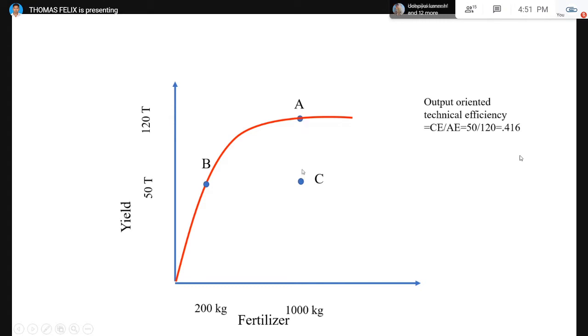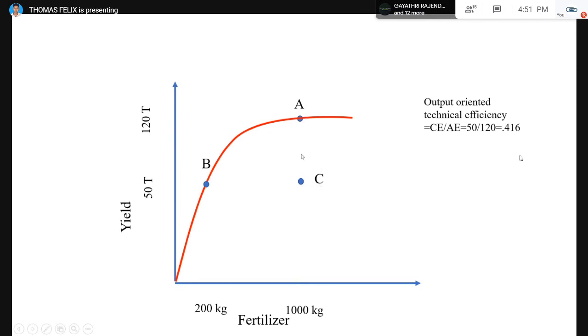In the case of output oriented technical efficiency, our intention is to calculate how much we can increase the output of the Chinnasamy farmer at the same level of input usage, that is the same level of 100 kg. How much is the output lagging between A and C?